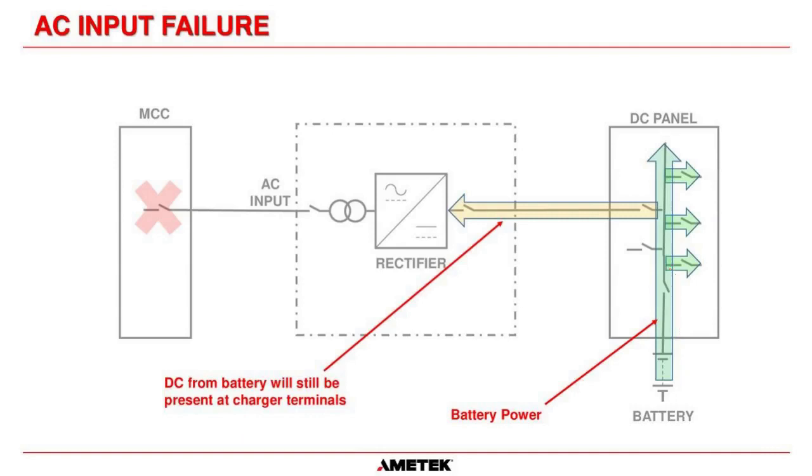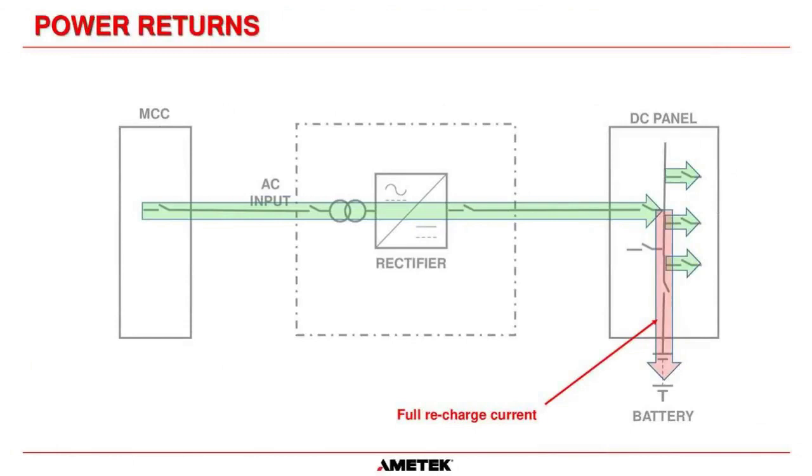So if then the power comes back onto the MCC, what will happen is the rectifier charger will start up immediately. There should be no need for any interaction between plant staff, electricians, or anything like that to get the charger back online. The charger should come back on automatically. It will start supplying power to your load circuits again.